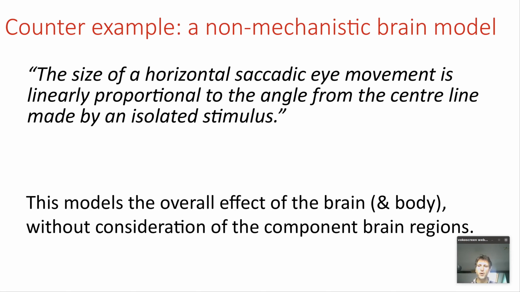That model models the overall effect of the brain and body without considering any of the component brain regions and what they might be doing. It makes the whole thing into a black box. In that case, you don't really need a model for that, but that is it. That's a non-mechanistic brain model.